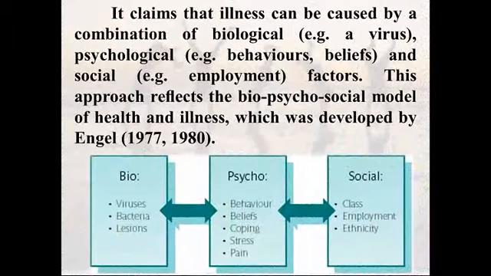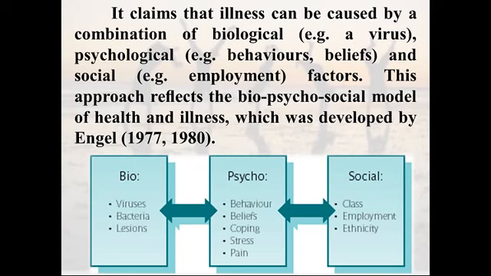What does health psychology claim? The principles and the researches of health psychology claim that illness can be caused by a combination of biological factors, that is virus, bacteria and all kinds of pathogens; psychological factors, what are those? Your behavior, your belief system, your ideas, how you approach anything and how you respond to stimulus.